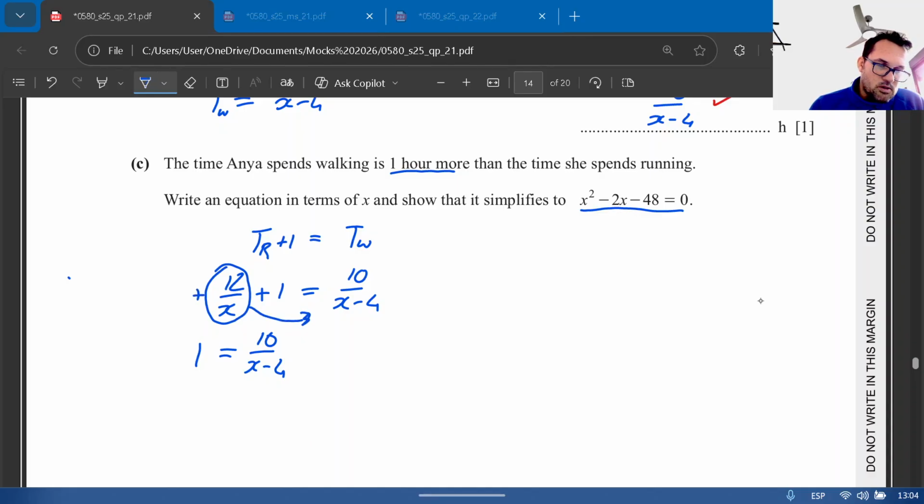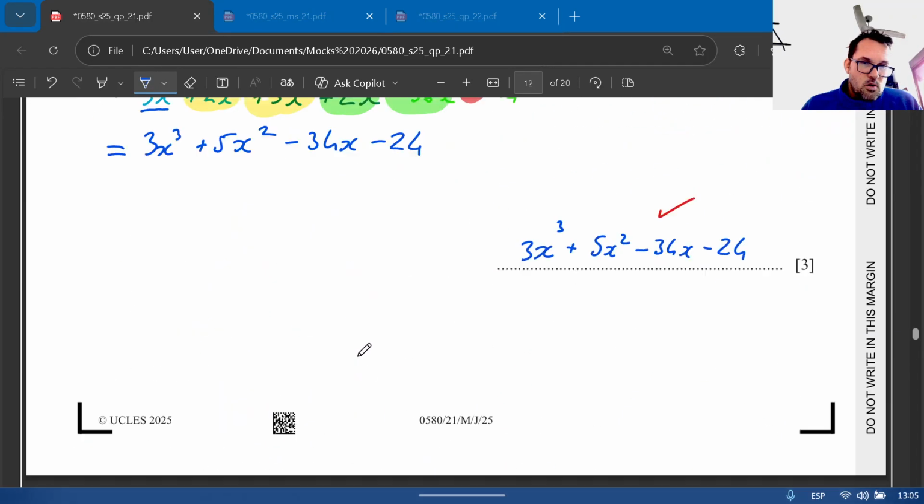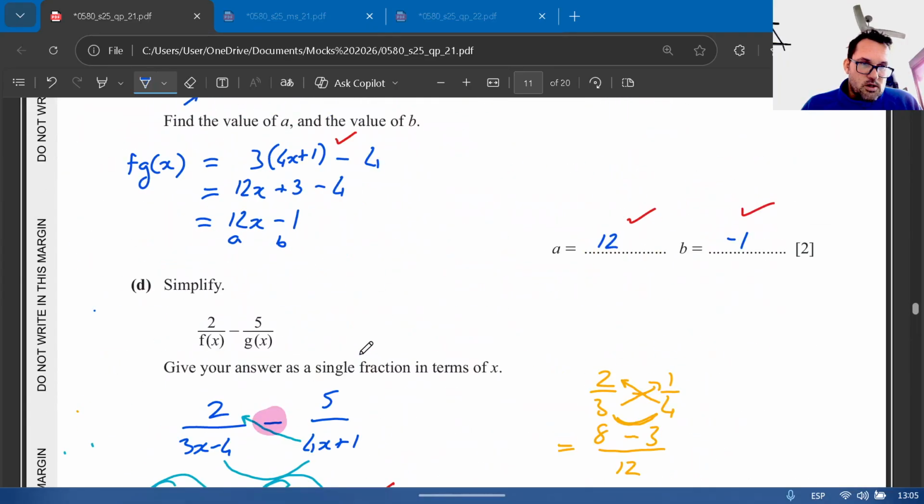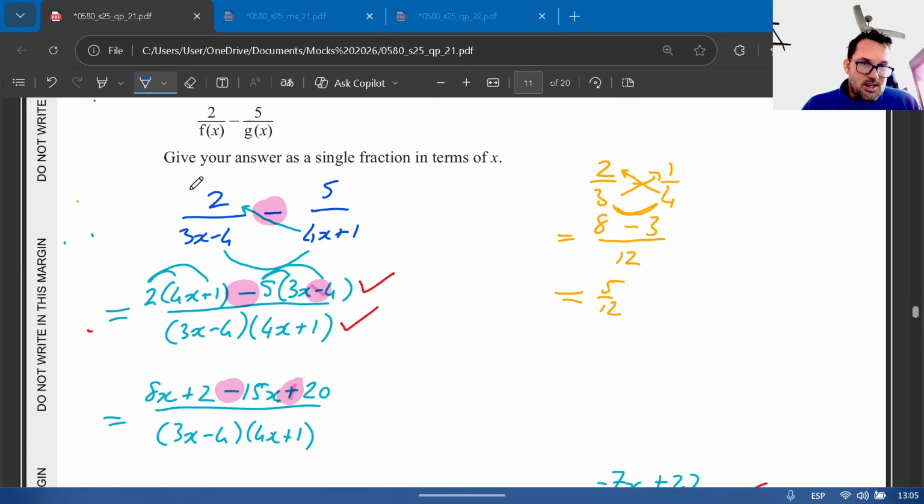Remember, this is a positive 12 over X, so it's going to become a negative 12 over X. Okay, this makes it a little bit easier because we've done this before, simplifying an algebraic fraction like that. We've done that in question 14D. Remember, we did the smiley face: multiply the two bottom ones together, bottom right, top left.